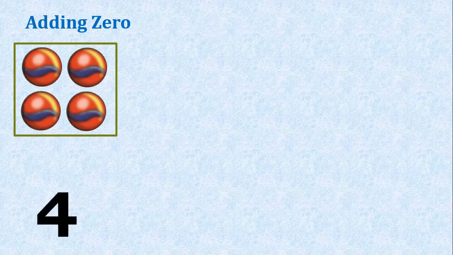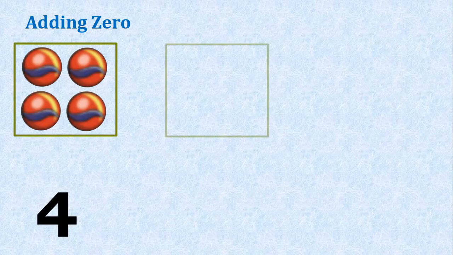Now let us see what happens on adding 0 to a number. Adding 0. Here we see 4 marbles in a box. And there is another box in which we do not see any marbles.